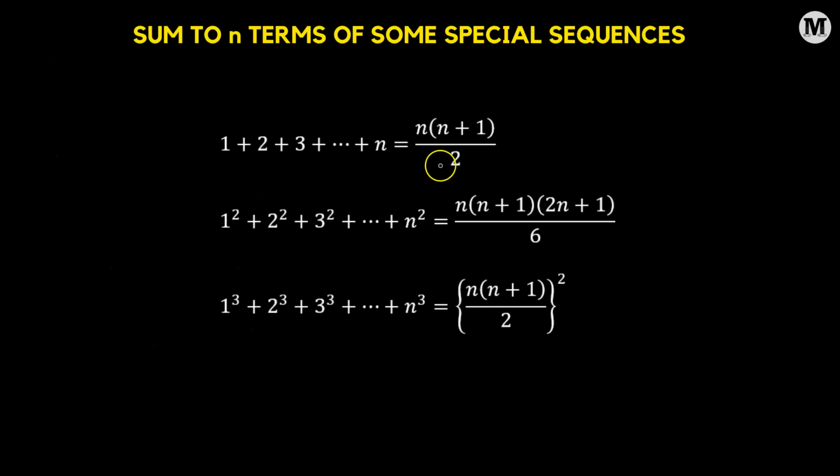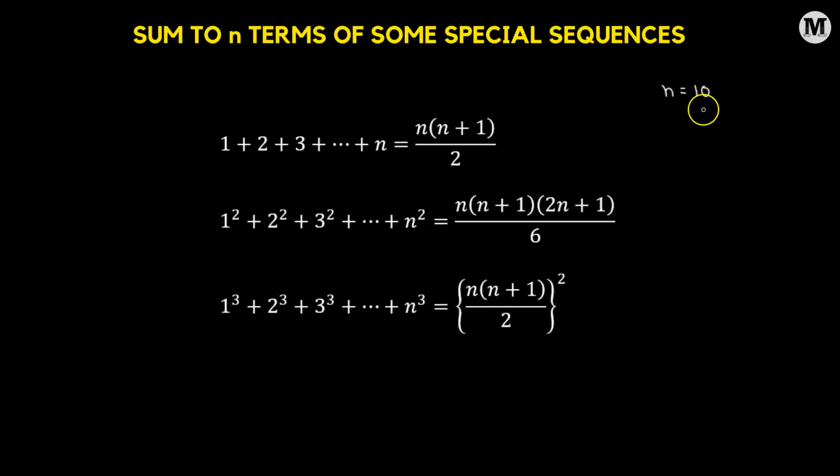So here I have listed out all the 3 formulas. First, the sum of the first n natural numbers comes out to be n times (n plus 1) over 2. For instance, let's say we want to find the sum of the first 10 natural numbers. That means n corresponds to 10.